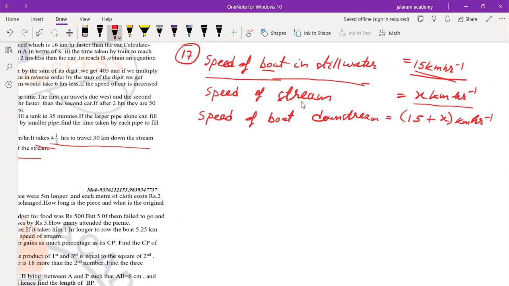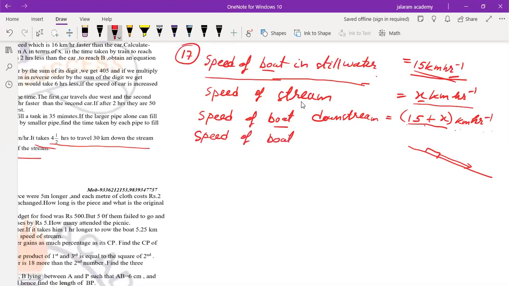So, speed of boat is always greater than the stream, and down the stream means a stream is flowing, boat is also flowing on it. So both the speeds will be added. The boat travels 15 km in 1 hour and the stream travels x km per hour. So together they travel 15 plus x km in 1 hour. So speed of boat downstream becomes 15 plus x km per hour.